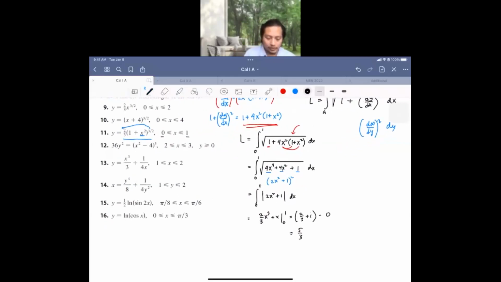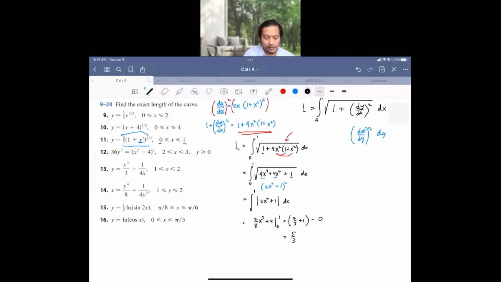Okay, let's say we are going to evaluate number 16. For number 16, we have ln cosine x.